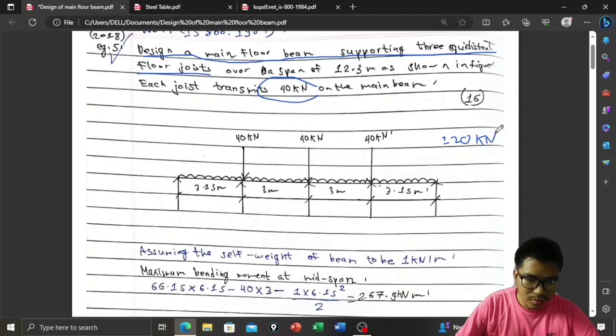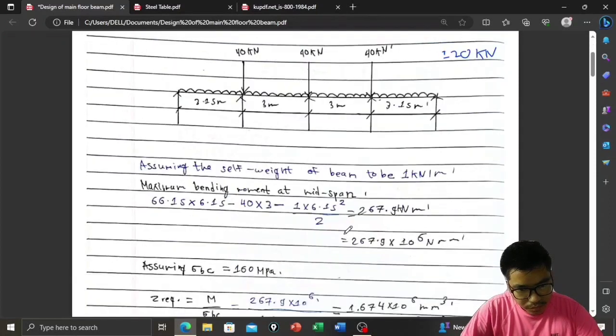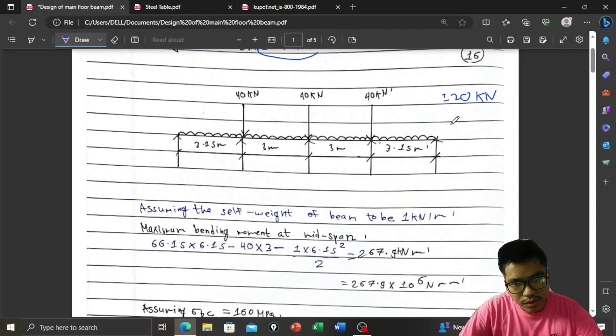This is the total point load, and this is 1 kN per meter. 1 kN per meter is self load.